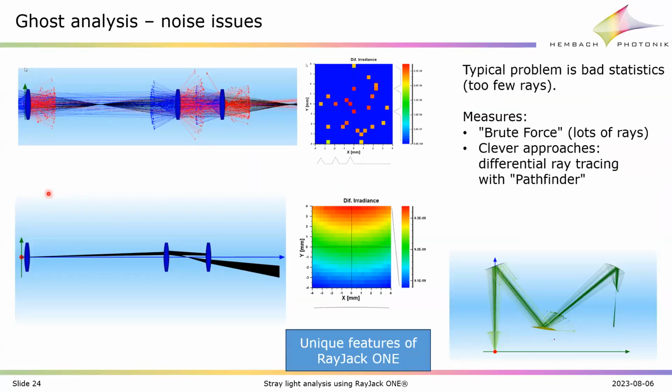In systems like laser systems, where the lenses are far apart, you will often find that most of the light that gets reflected will be reflected outside the optical path, so that the statistics inside will be extremely poor. You may need millions, hundreds of millions of rays to get sufficient statistics.